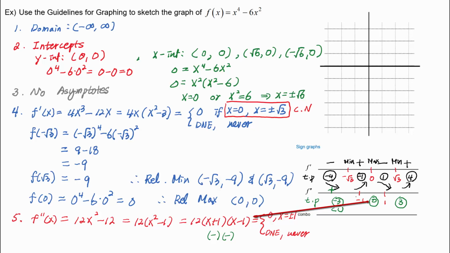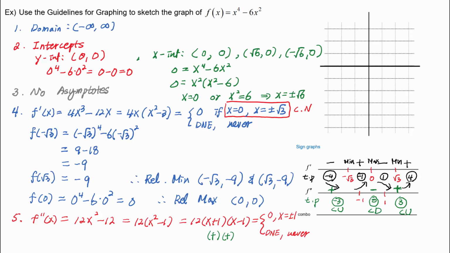When you test 0, 0 plus 1 is positive and 0 minus 1 is negative, so I get negative on the interval between -1 and 1, which is concave down. When I test 3, 3 plus 1 is positive, 3 minus 1 is positive, and positive times positive is positive. So the third interval is positive, which is again concave up.